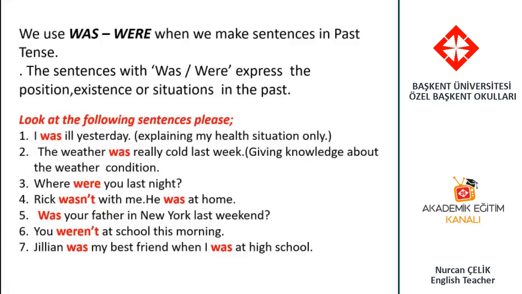Let's learn more. We use was, were when we make sentences in past tense. These sentences with was and were express the position, existence, or situations in the past. Let's have a look at the following sentences. I was ill yesterday.